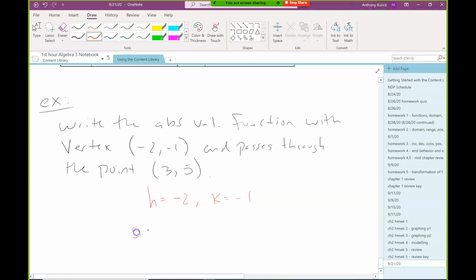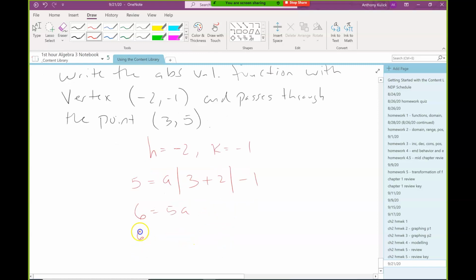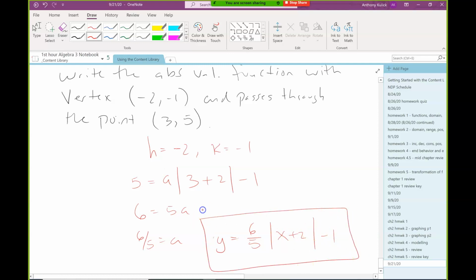And then we can just plug in the x and y. And if we solve for a, we get a is 6/5. So putting it all together, we have this.